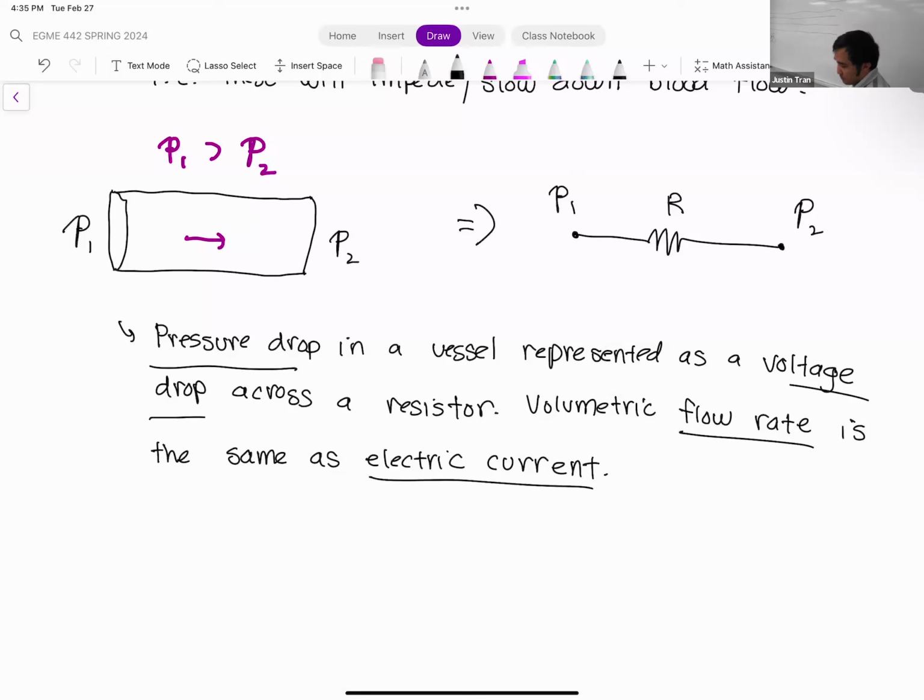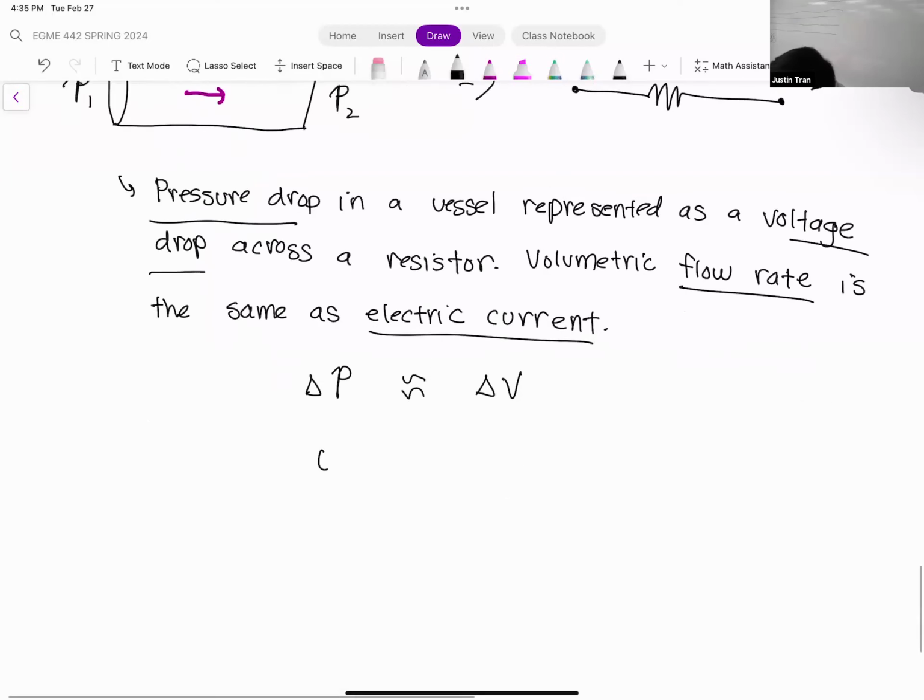So just to summarize, delta P is equivalent to delta V in a circuit, and Q in fluid mechanics is the same thing as I, current.